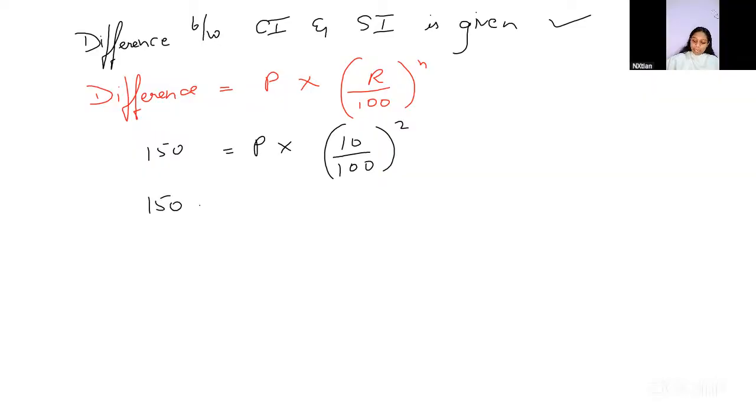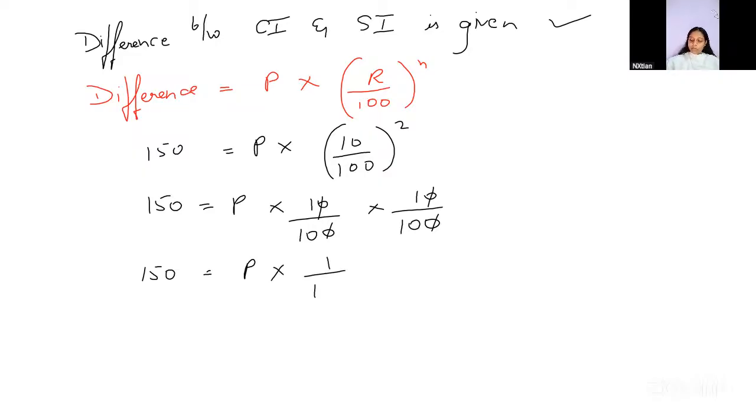150 is equals to P into 10 upon 100 into 10 upon 100. Cancel. 1 upon 10, so it becomes 150 is equals to P into 1 upon 10 into 1 upon 10, 10 into 10, 1 upon 100.